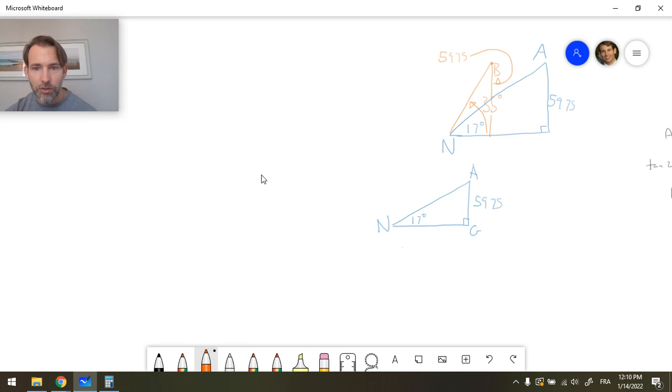Okay. So here's the other triangle. Here's still ground. It's a different point than ground, so maybe we'll call that H. Okay, and this is B, and this is still Nassim. Okay, this is still 5,975, but this is now a 35-degree angle. All right, and what I'm looking for is to find this distance.